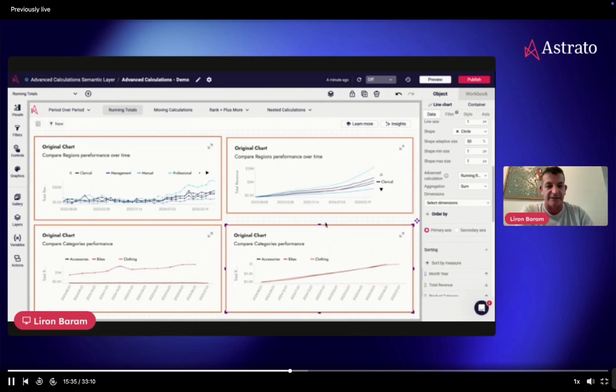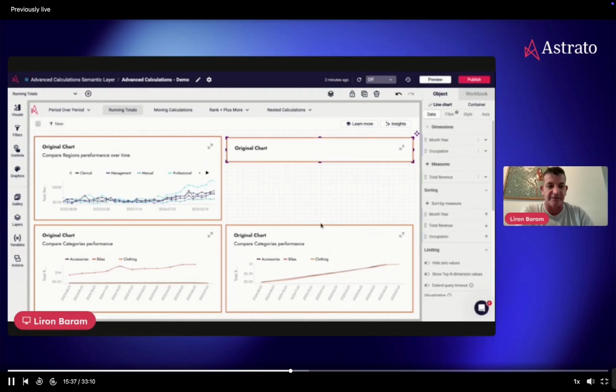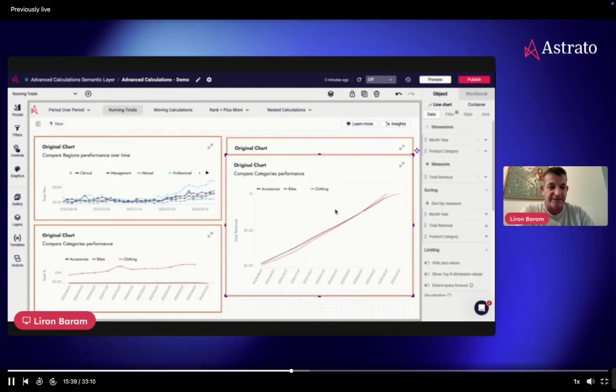And suddenly what I can see, let's enlarge this chart a little bit, is that all my categories are performing together almost in the same trend and going in the same direction, generating income at the same pace.